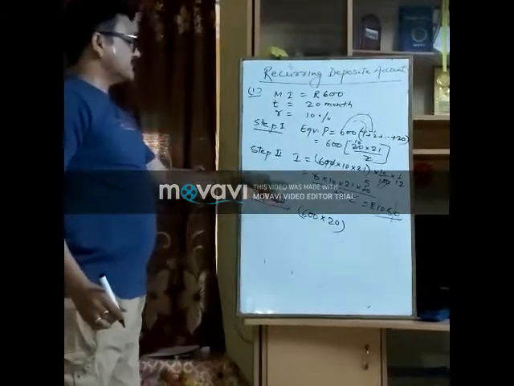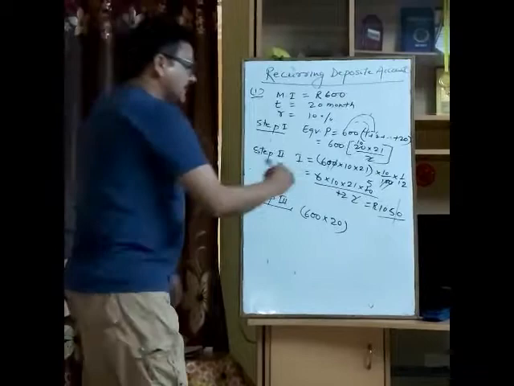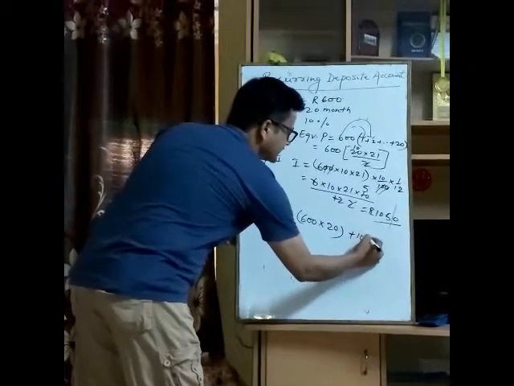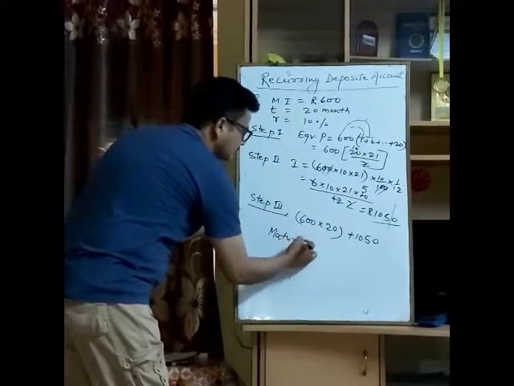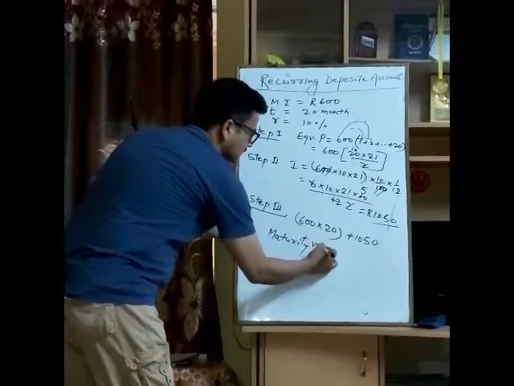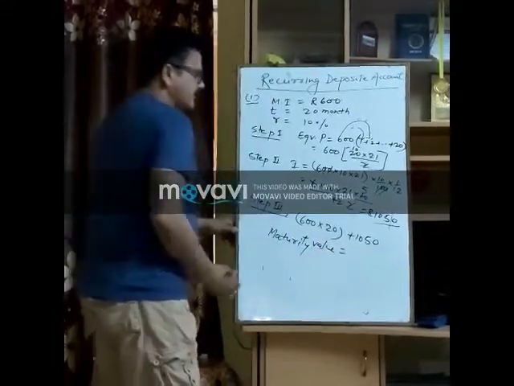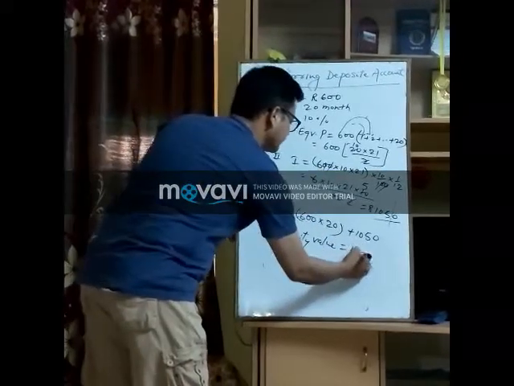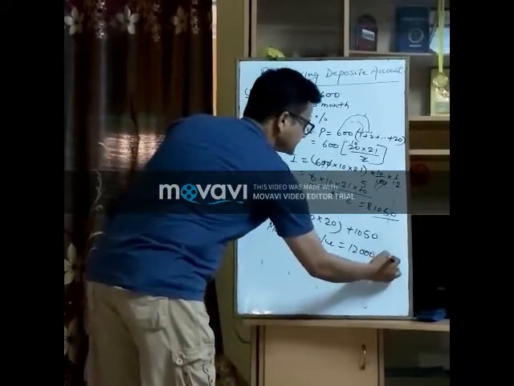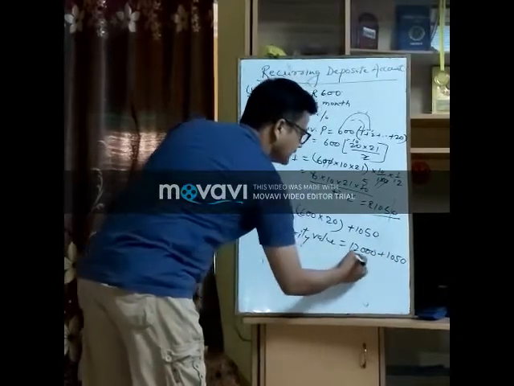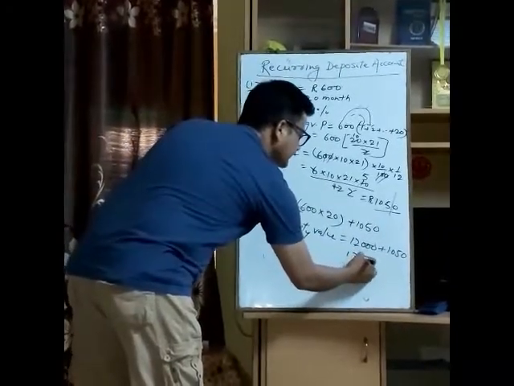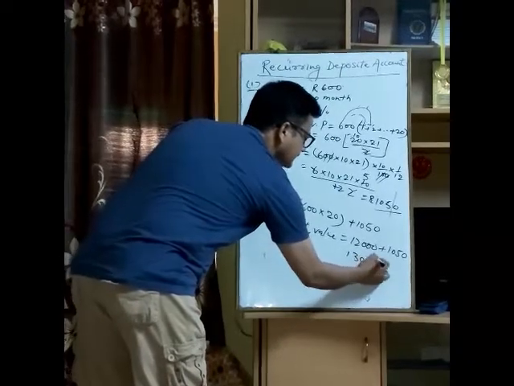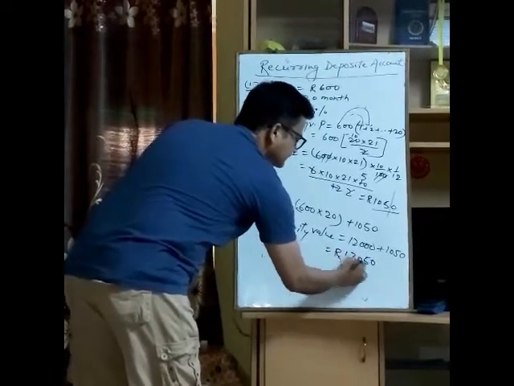This is his own money plus interest. This is called maturity value. Maturity value is 12,000 plus 1050. That is 13,050 is your answer.